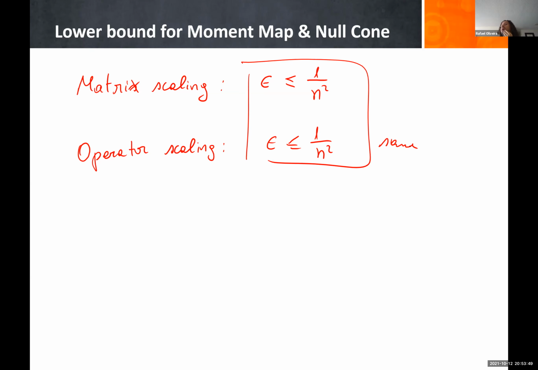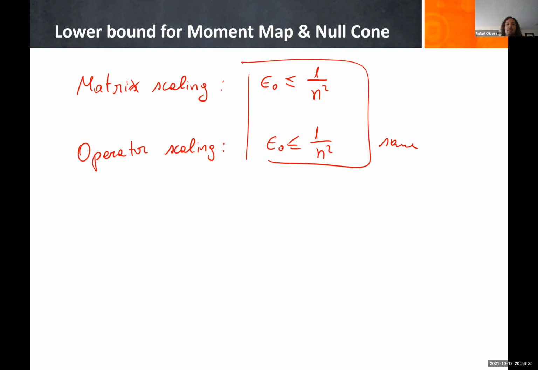The answer is no. If you look at our more recent 100-page paper, it has to do with the commutative part of the representation theory of these groups, these weight margins, which come from the commutative part of these groups. So this is not a coincidence. The lower bound here is that for any epsilon, maybe I can put epsilon naught here, that epsilon naught we were talking about, you can take epsilon naught to be 1 over n squared, and then you can decide whether we are in the null cone or not.